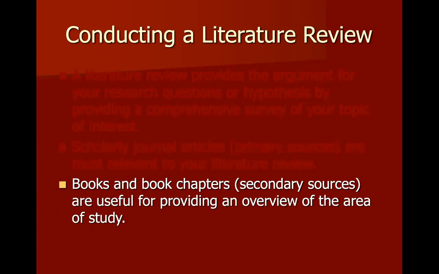Because the people who write books and book chapters that pull together research will give you some summaries, but you still need to look at the primary research, the research that comes straight from the researcher, to do your own analysis.